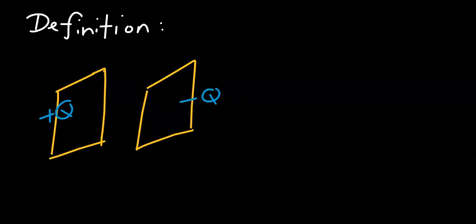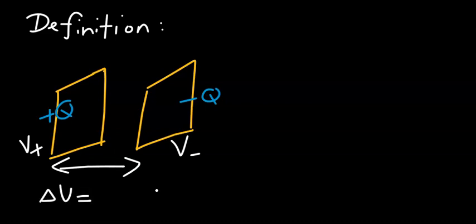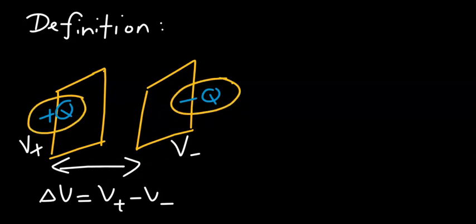Now we know the positively charged plate will be at a higher potential, let's call that potential V+, compared to the potential of the negatively charged plate. Let's call that V minus. So there is a potential difference between these two plates, and that potential difference is quite simply V plus minus V minus. Also note that these two plates contain the same amount of charge, but with just opposite sign.